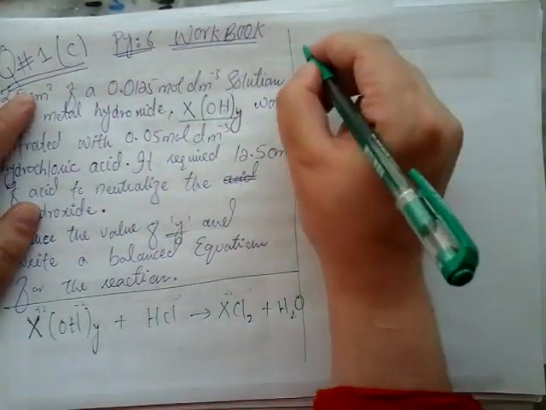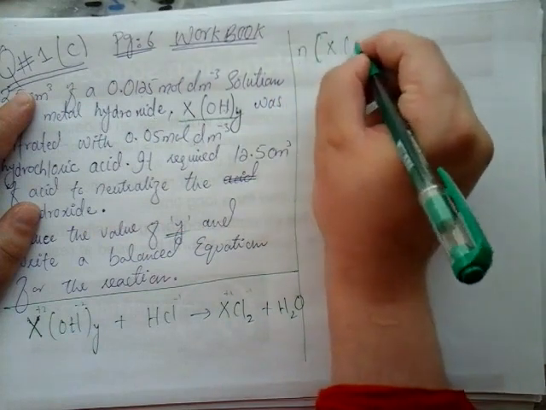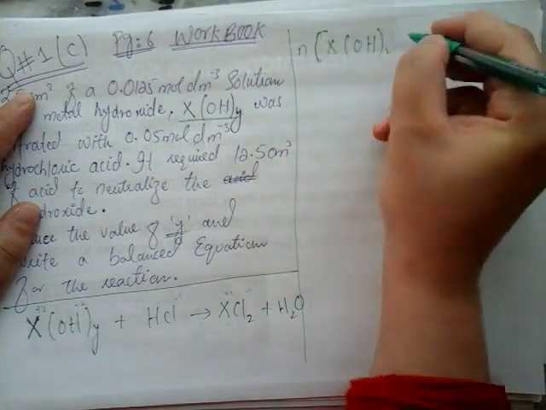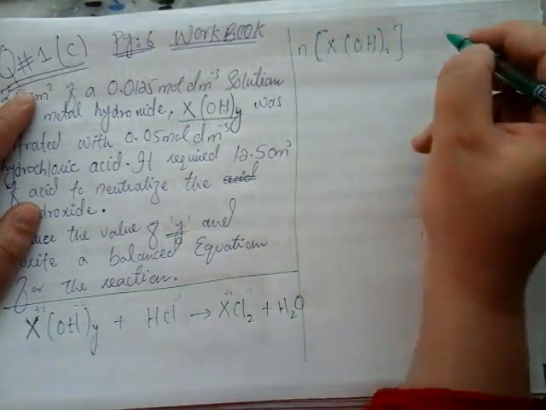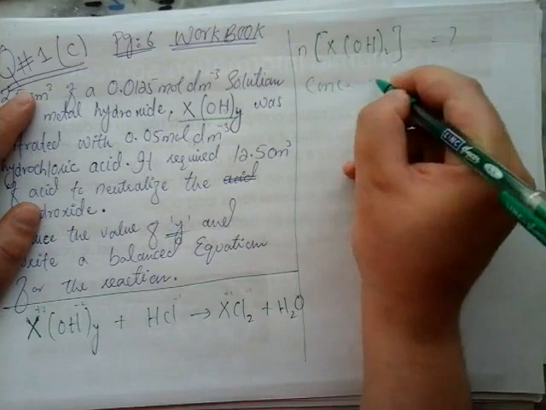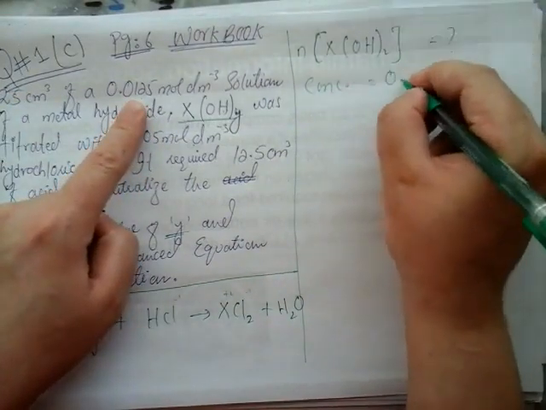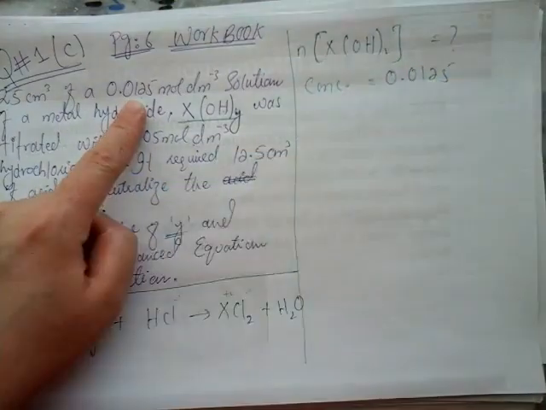So now moles of the metal hydroxide, okay, this compound, we have to find the moles, and the concentration is given. Concentration of this is given as 0.0125.